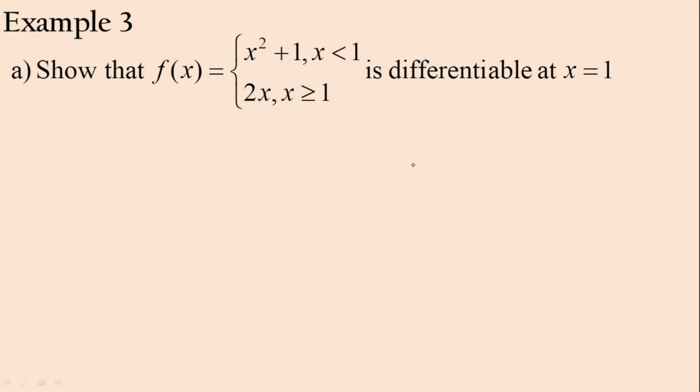So let's do some examples to check our understanding. For example 3, we have to show that our f(x) here, in this piecewise function, is differentiable at x equal to 1. So for x equal to 1, it means that now our value of a is 1. So I just redraw our piecewise function on a number line.